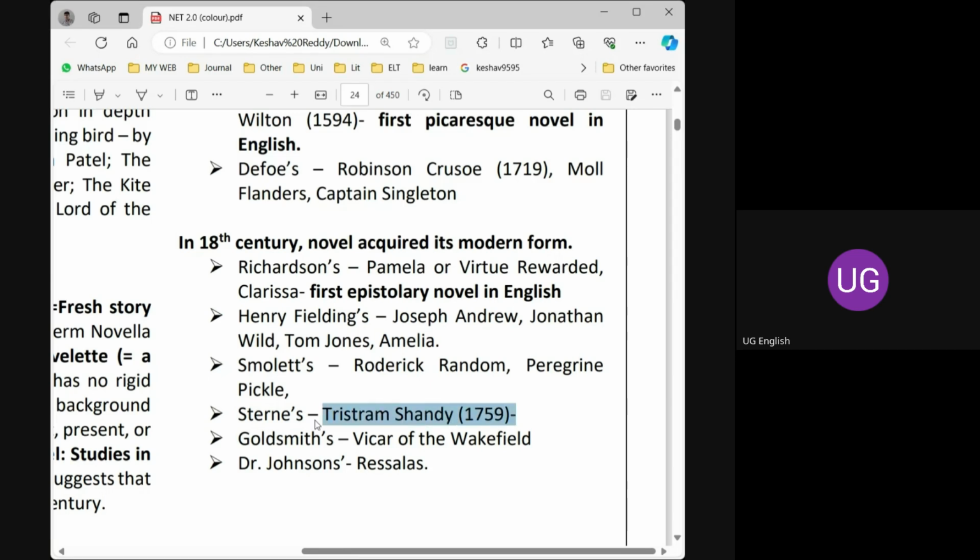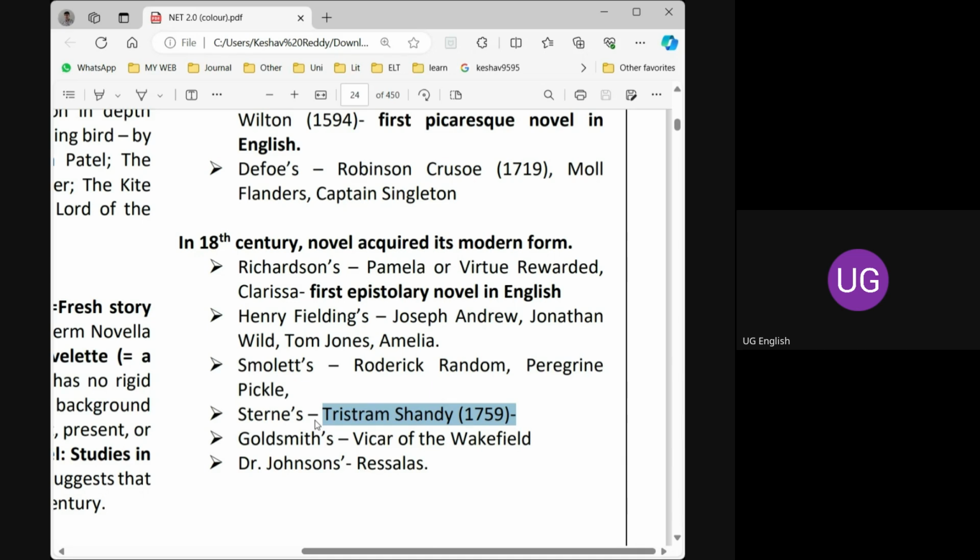We can call it an experimental novel. Just remember this name, Tristram Shandy. And this is a very unconventional novel. In English literature, this is one of the most complex of all the novels, along with the novel written by James Joyce.